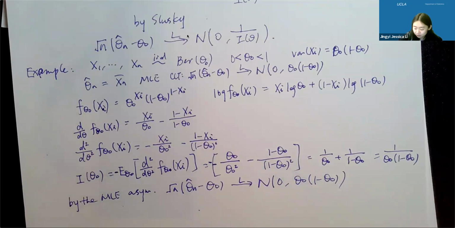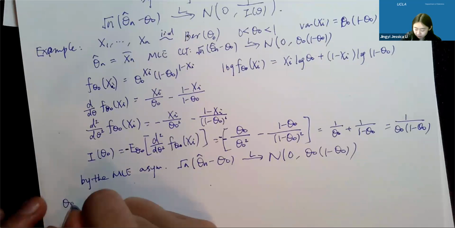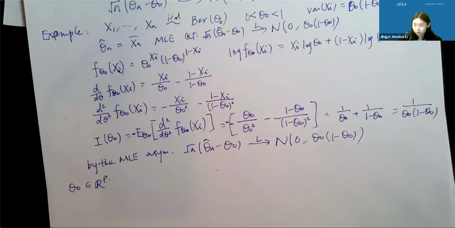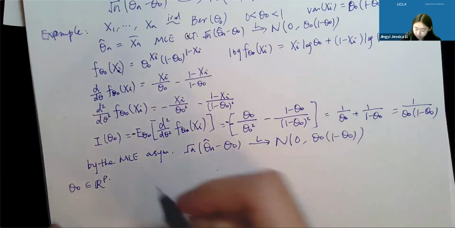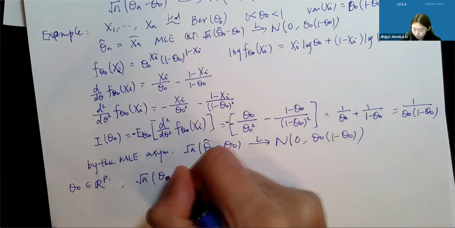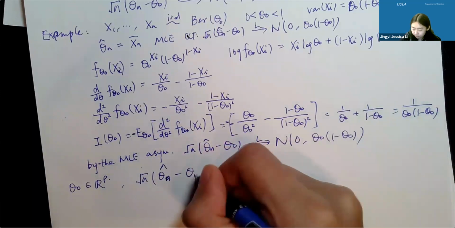In practice, if your parameter is multidimensional, let's say theta 0 is in R^p, then you need a multi-dimensional version of what we did, which can be a little bit trickier. We need to deal with matrices and vectors, but still the result is the same. You have the p-dimensional asymptotic distribution.